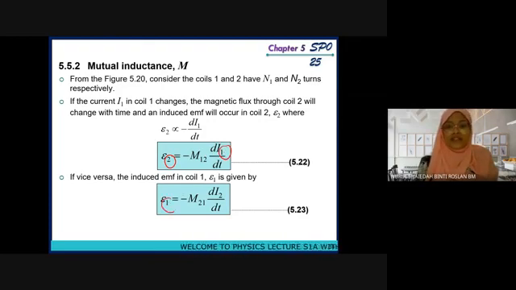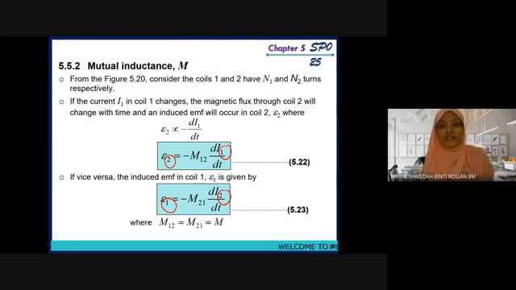Bila you nak cari induced EMF 1, the current that you need is I2. Sebab you ingat balik tadi mutual inductance kata, the induced EMF adalah due to the change of current in another coil. So that's why when you want to find E2, please use I1. When you want to find E1, please use I2.